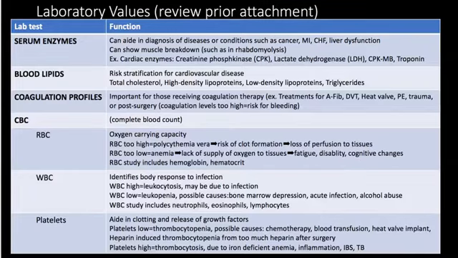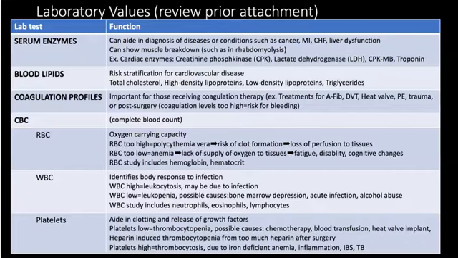In an earlier discussion, we talked about laboratory values, and I had an attachment a few weeks ago, so you may want to take a look at that again. But briefly, I wanted to talk about some of the different types of lab tests and the important things they may identify.